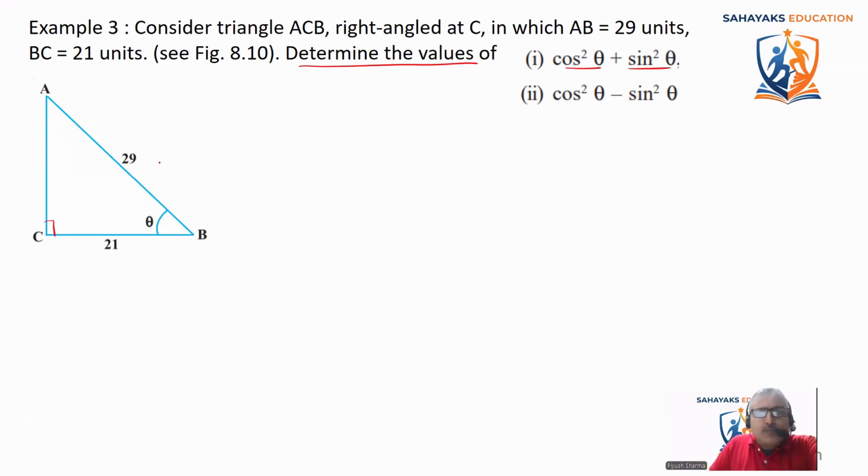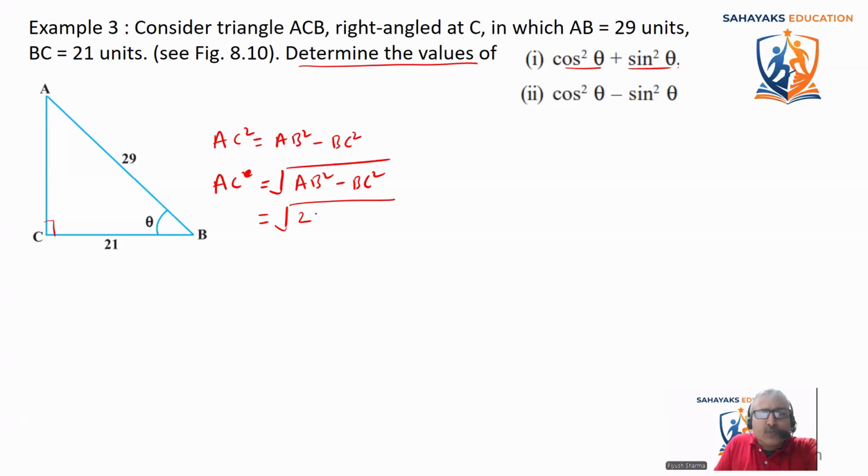Okay. So for finding cos square theta and sine square theta, first of all, let's find the value of AC. We know that AC square is equal to AB square minus BC square, or AC is equal to square root of AB square minus BC square. So I'll put the values here. AB is 29, so 29 square minus 21 square.